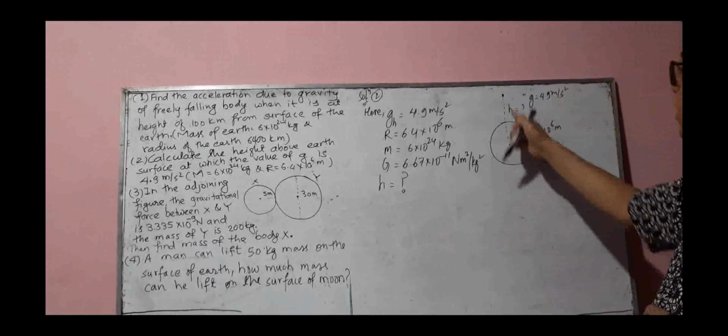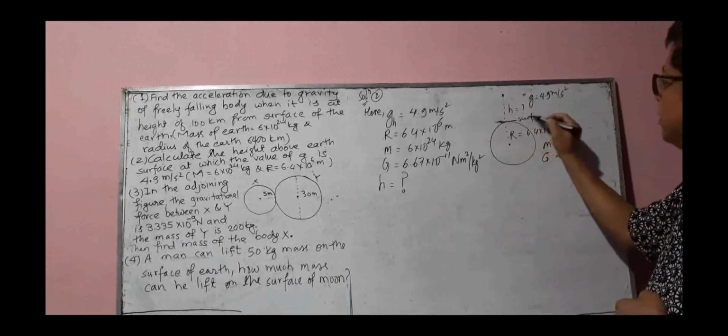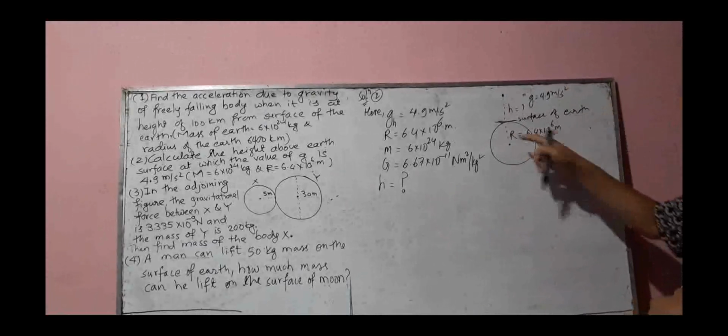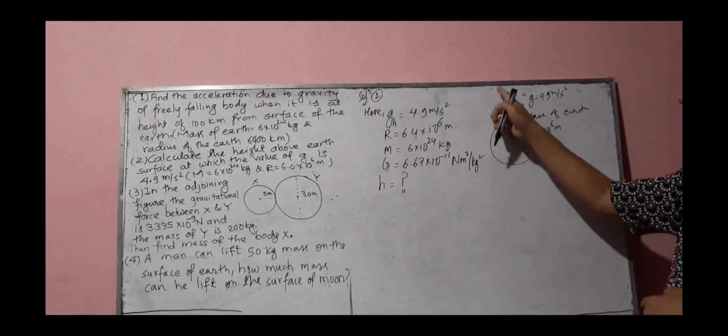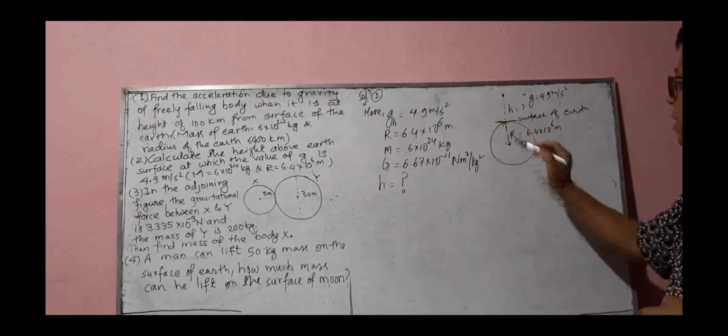The height from the surface. This is the surface of the earth. The height from the surface of the earth, h is equal to what? And this part is R.